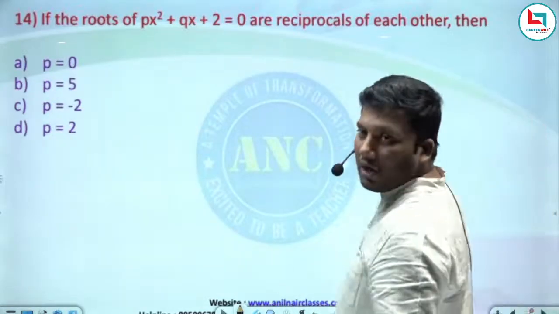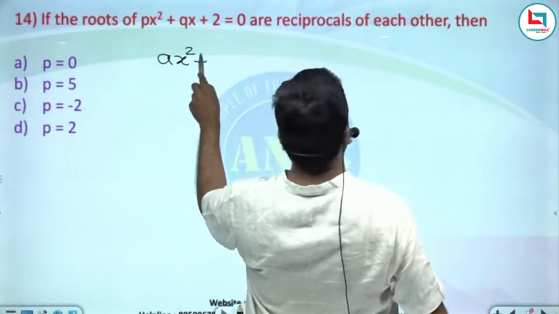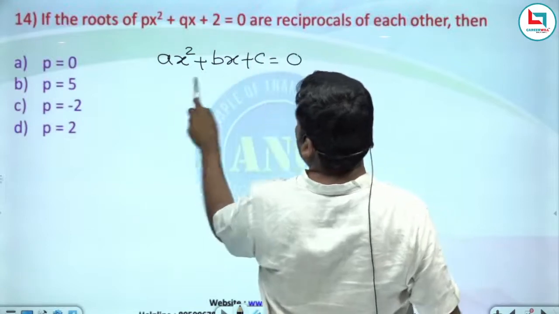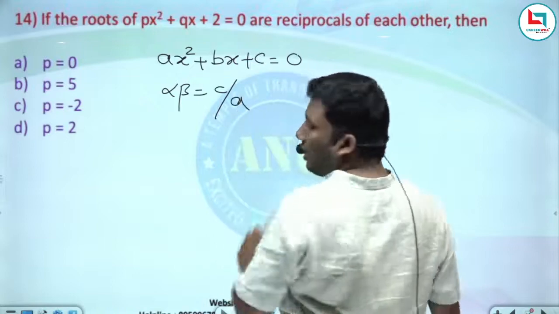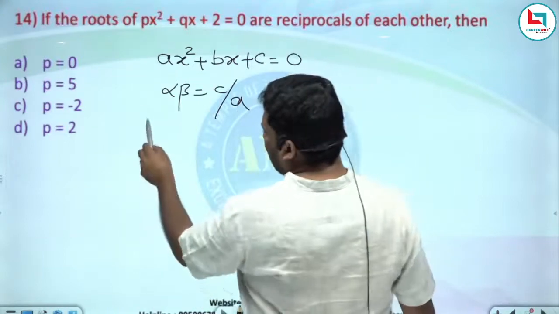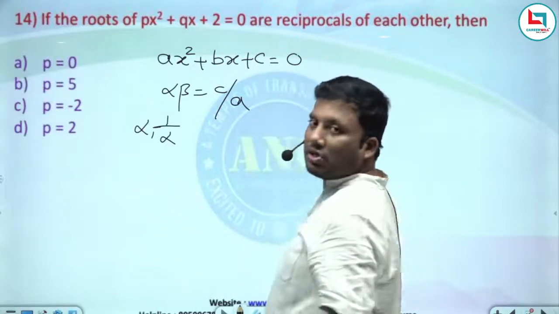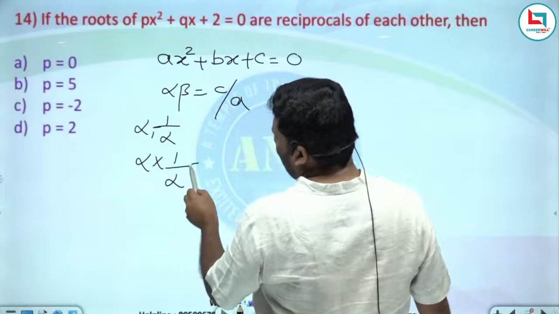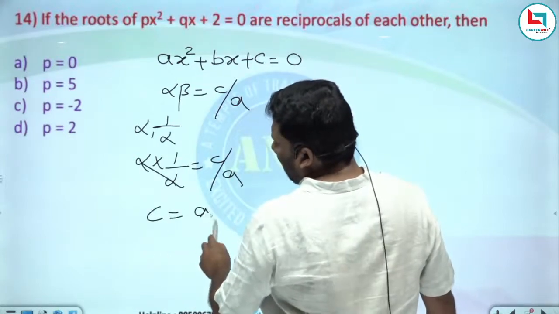Next one. Already we discussed this concept in the fundamentals class. Ax square plus bx plus c equivalent to 0. Product of the roots is given by c by a. Alpha and 1 by alpha, roots are reciprocal to each other. So alpha into 1 by alpha equivalent to c by a. C equivalent to a.